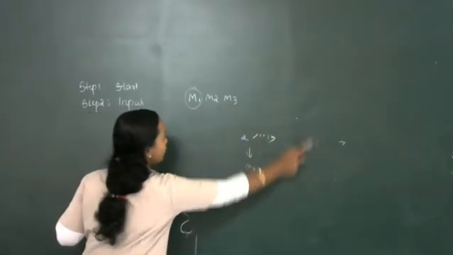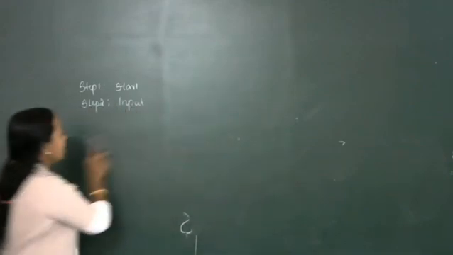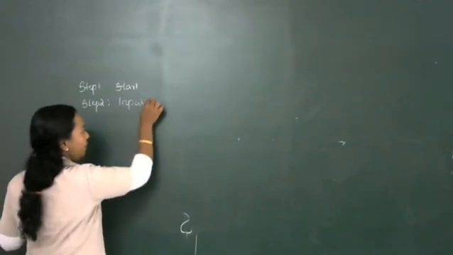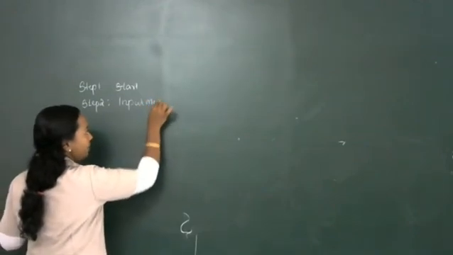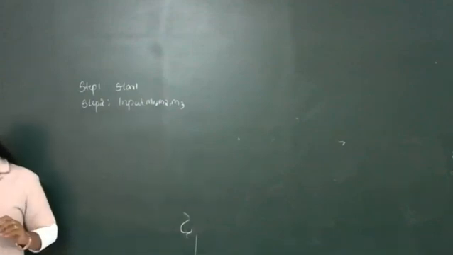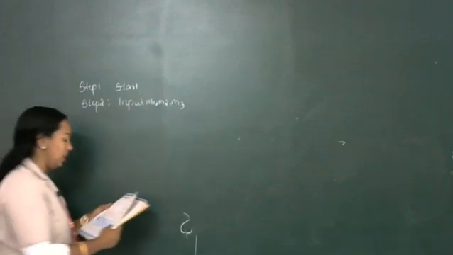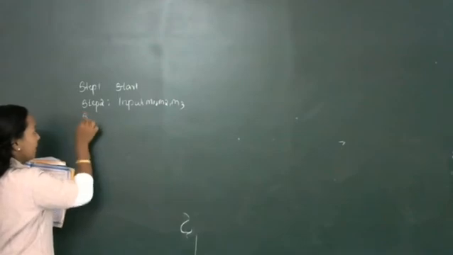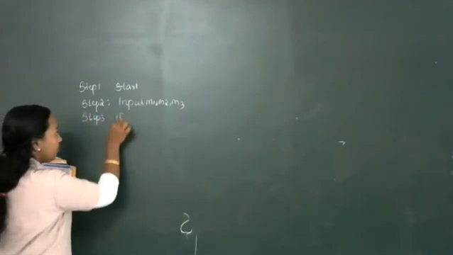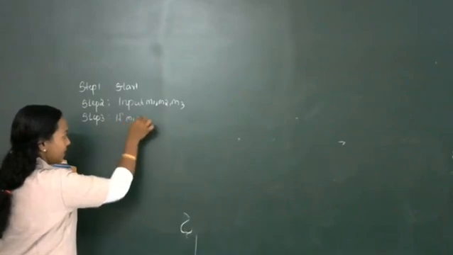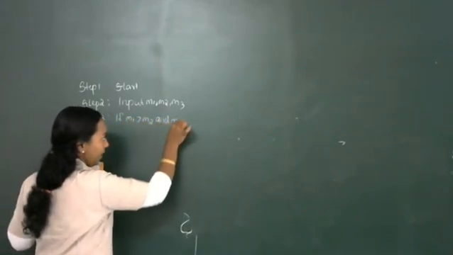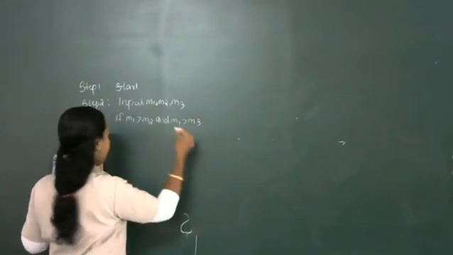So according to this, I am going to write the algorithm first. Input M1, M2, M3. I am going to input three variables M1, M2, M3. Then step 3, first condition: if M1 greater than M2 and M1 greater than M3.